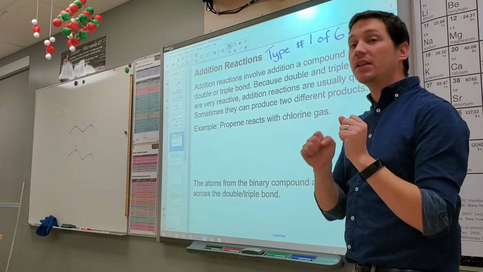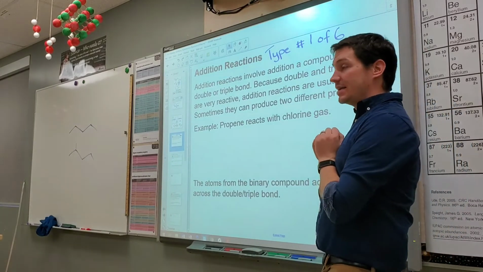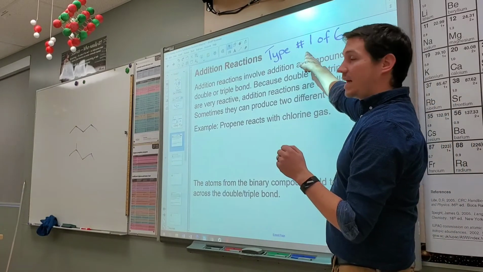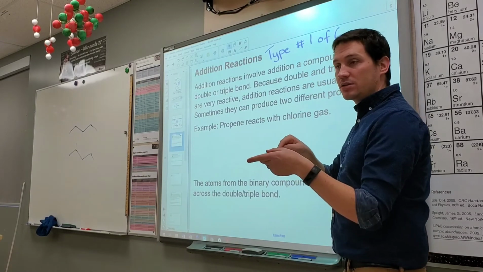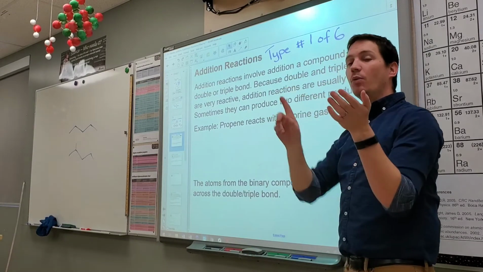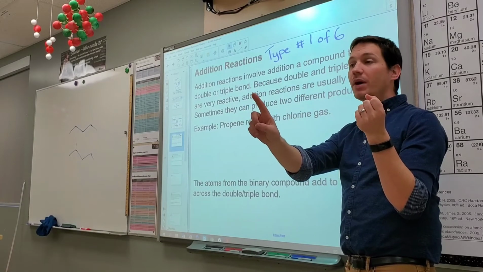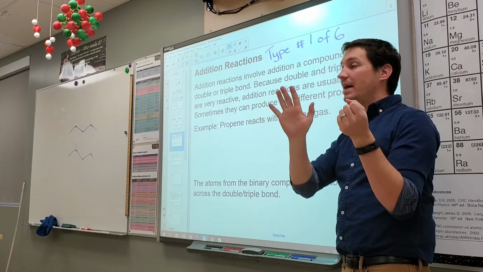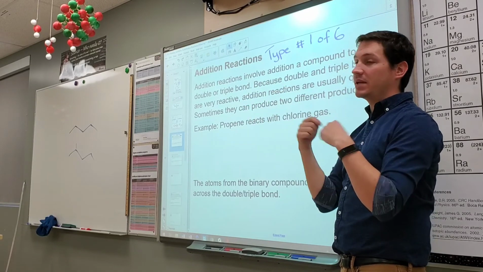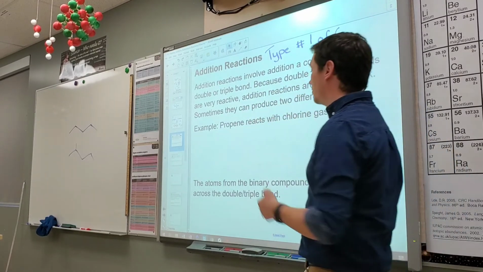But I want to be very clear. Your diploma exam is much more likely to test types of reactions than naming. So naming's great. You'll probably get 1 naming question. But you might get 5 types of reaction questions. Much more emphasis should be placed on types of reactions as opposed to naming. I just want to let you know.